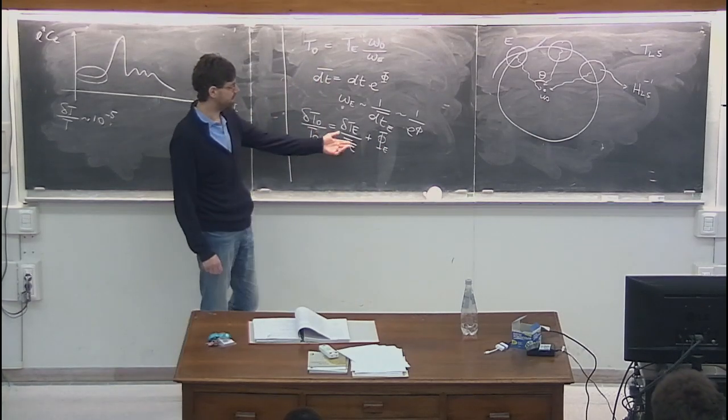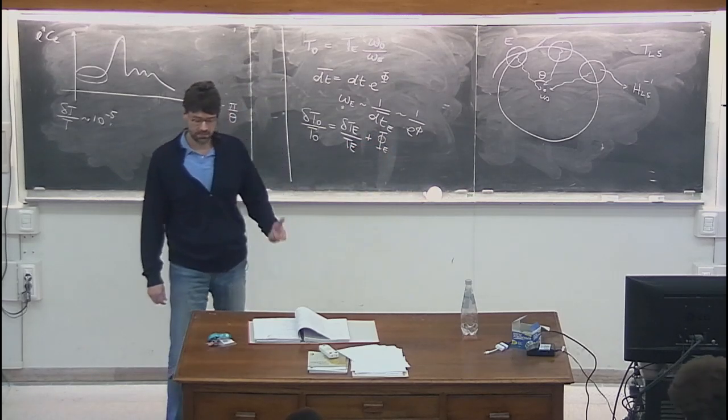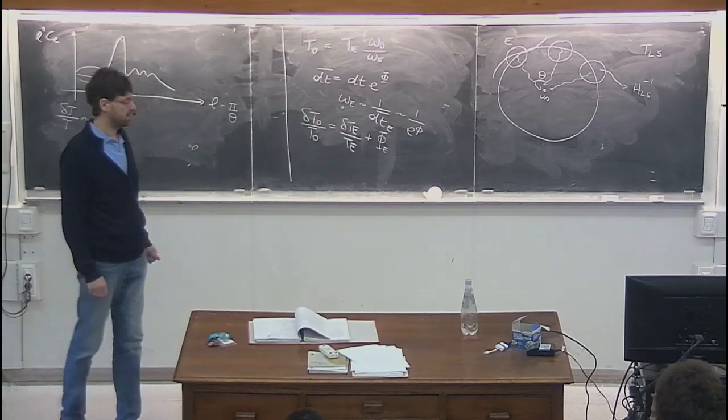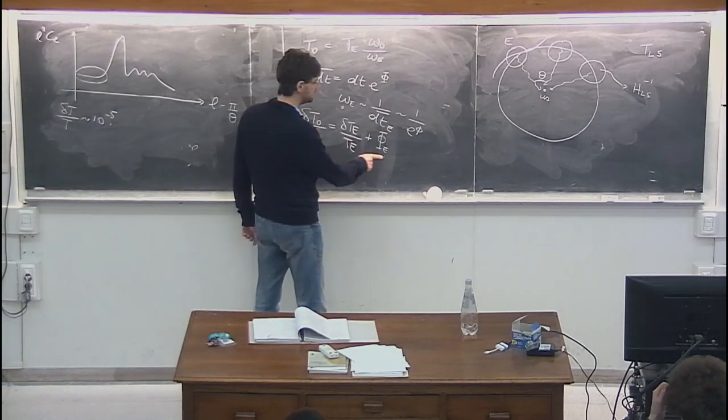Of course, I also have phi at the observed point, but as you know, this is unphysical. I only measure in GR differences of gravitational potential, and therefore I can put it to 0 by convenience. So this is the expression that I want.